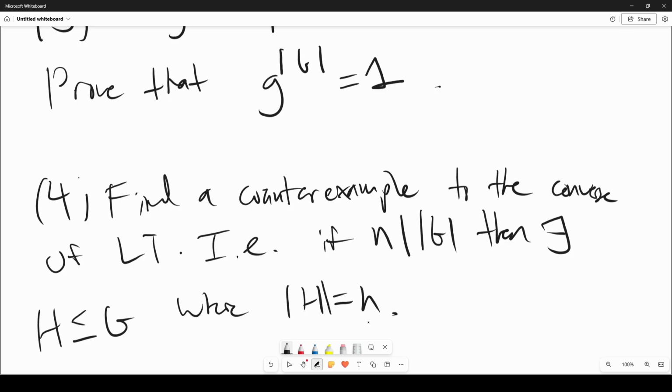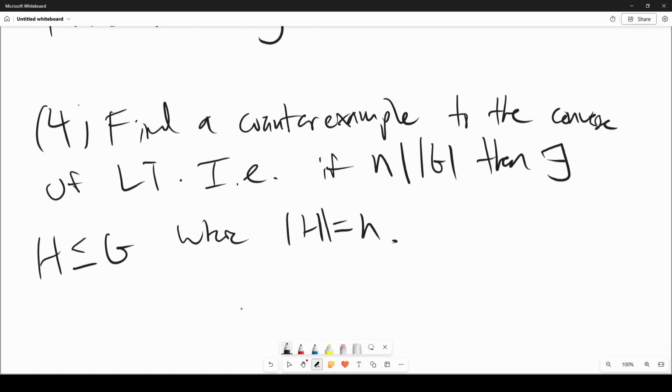And I want you to find a counterexample to this. It's not true, and there are many counterexamples out there. So note that Lagrange's theorem only proved one direction. This direction is not true. If you have any number which divides the order of a group, there might not necessarily be a subgroup that has that size. Whereas if you have a subgroup, it has to divide the order of the group.